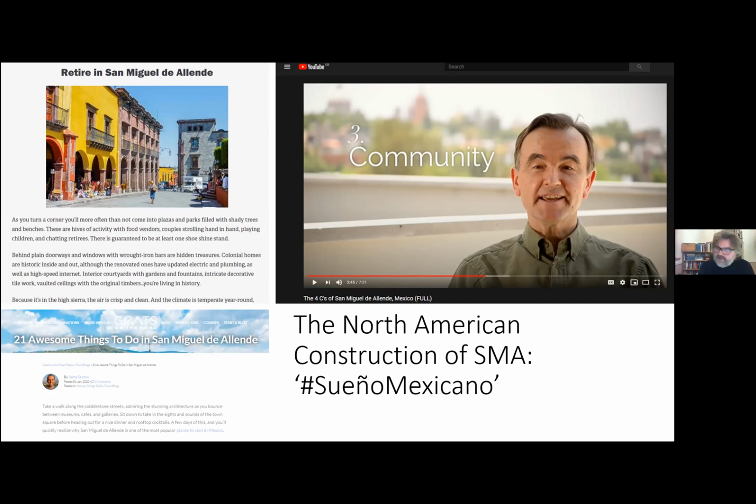There is a comparison between, say, the highly commercialized resorts of Cancun and this cultured, historic city, a beautiful city, with the beauty of the architecture, the local festivals, the art, the music, the food, the friendliness and hospitality of the locals, the mild climate. The community is sold, that there is an established American community with a range of associations, whether it be golf, art, tennis, bird watching, so that you can have a life there, retire there.